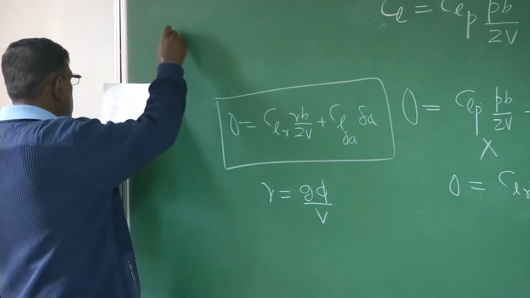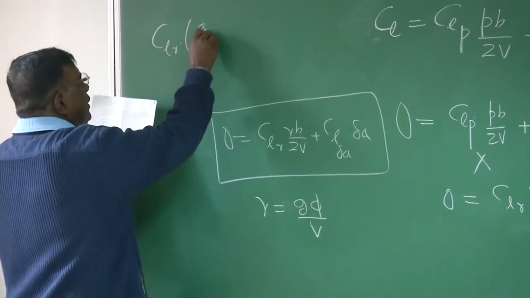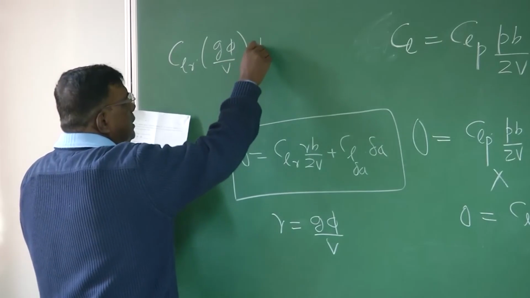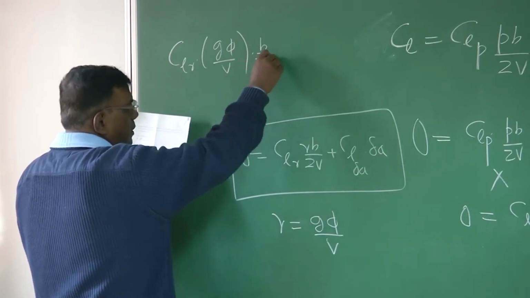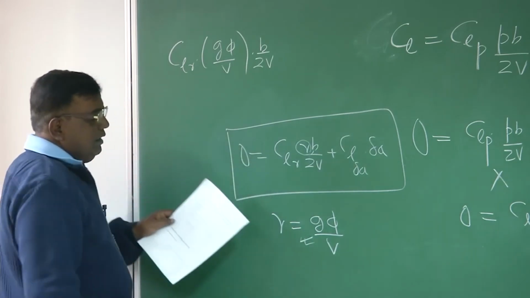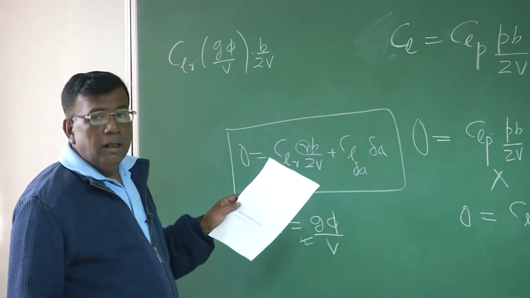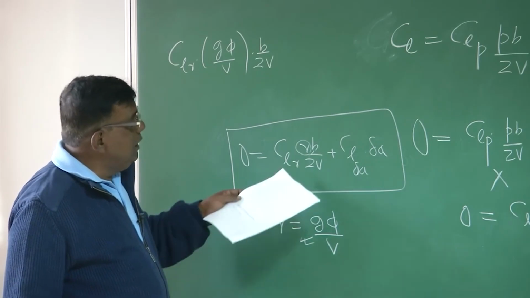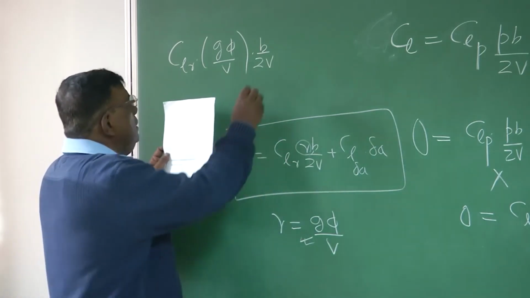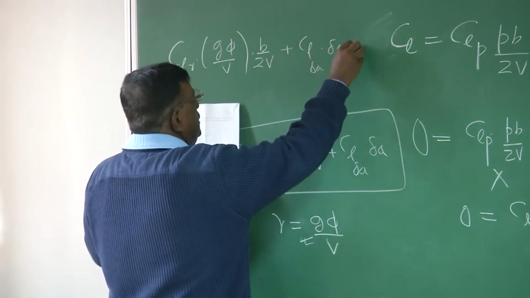Then it will show that CLR into R is G phi by V into B by 2V, because I am replacing the expression for R. This expression of R came, remember, for the steady coordinated turn under those assumptions. So in this equation, I am simply substituting the expression for R: CLR into G phi by V into B by 2V plus CL delta A into delta A equal to 0.